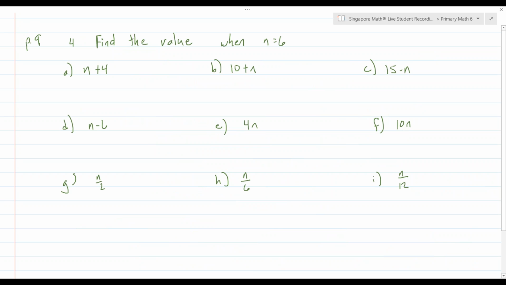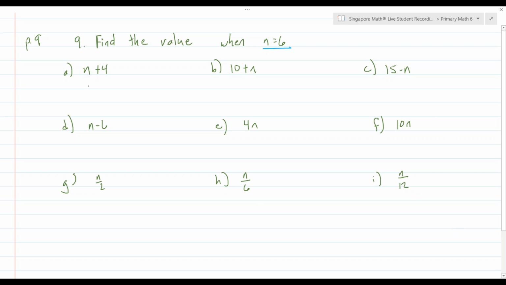The last thing on page 9 is number 9, and it is not a difficult thing to do. We want to get in the habit of substituting a value in for a variable to solve.